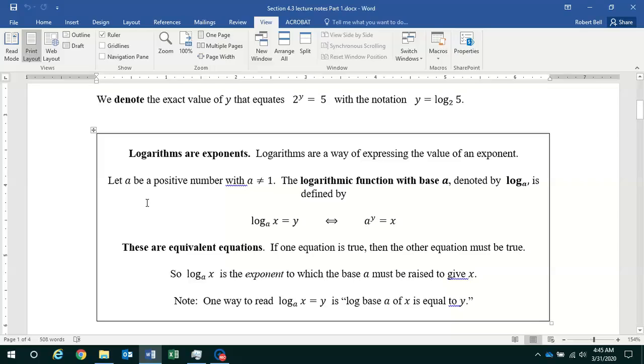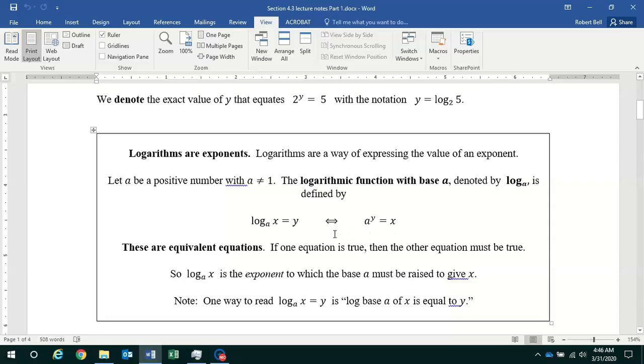So let's give a formal definition. a is a positive number not equal to 1. The logarithmic function with base a, denoted with this notation, is defined by log base a of x is equal to y if and only if a, the base a raised to the y power, is equal to x.